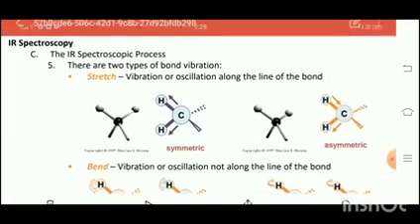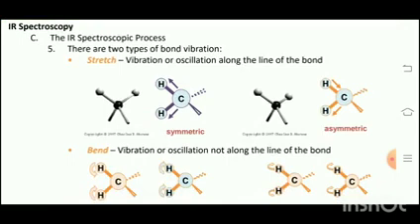When infrared radiations are passed to organic compounds, the molecules basically undergo two types of vibrations. One is stretching vibration, another is bending vibration. The stretching vibrations can be further classified into two types: symmetric stretching and asymmetric stretching.